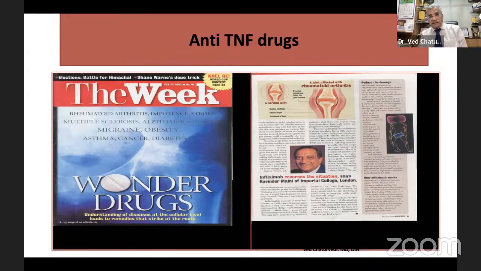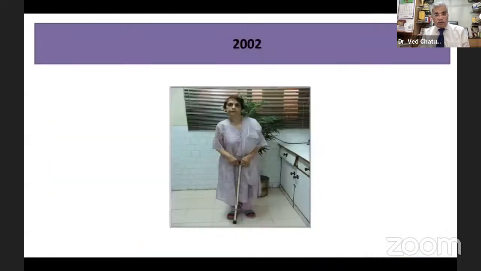There's no wonder in science, but yes, they are more effective drugs, they are more costly drugs, and they are more targeted. This was the first patient in this country who was given this drug, and I was the person who gave it in the army hospital. She was the wife of a brigadier, and she was taking methotrexate very regularly.